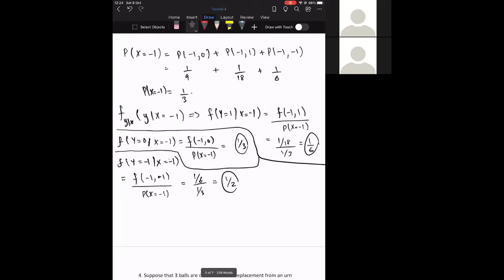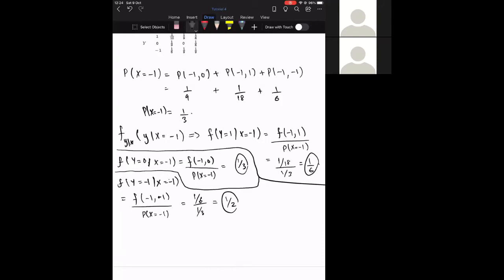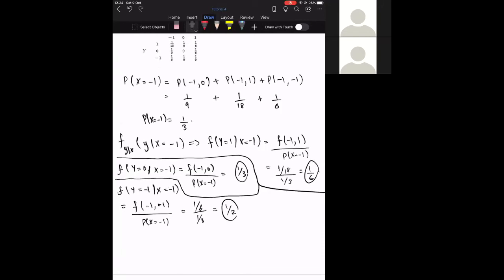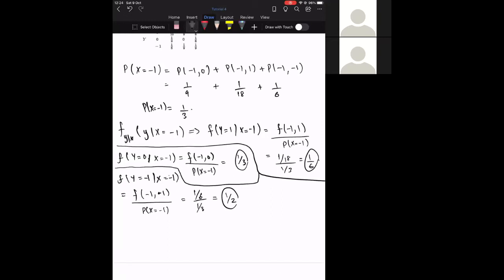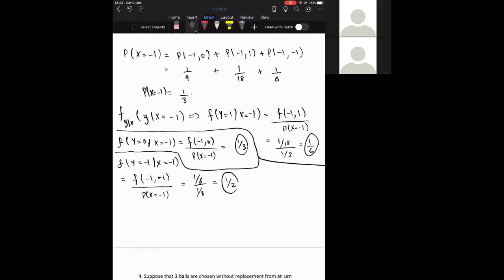So moving on, now that we have the probability distribution, we want to find the conditional expectation. Let me write the formula. You want the conditional expectation of y given x equals -1.